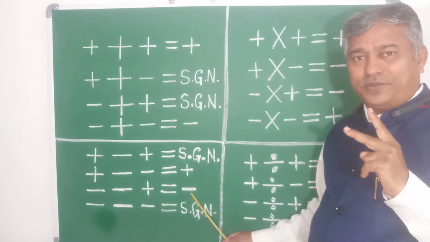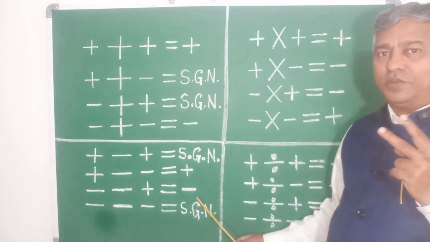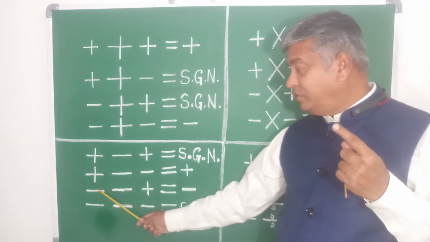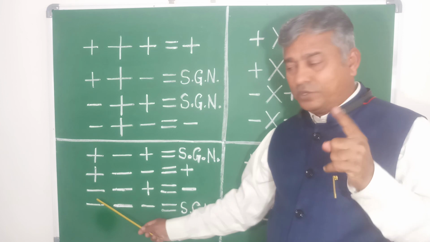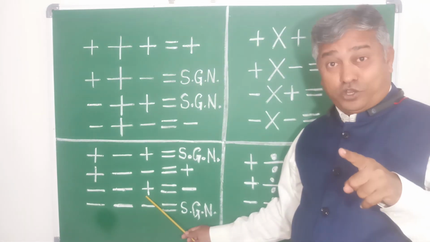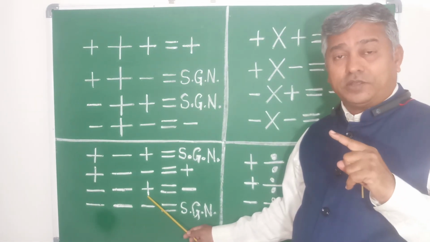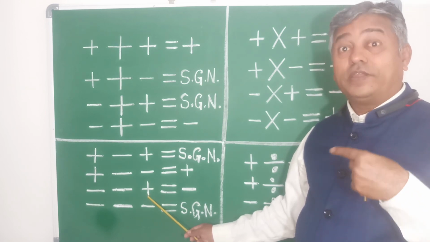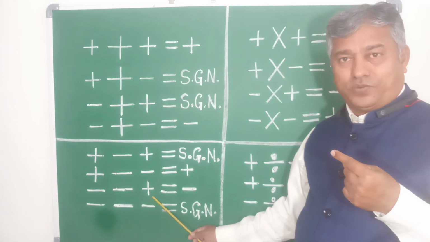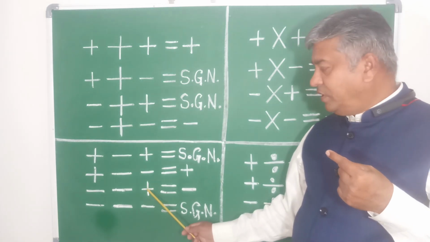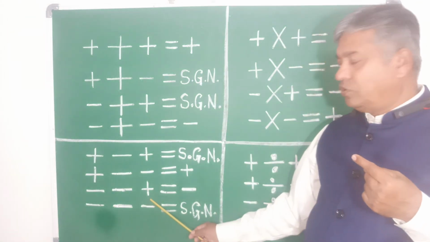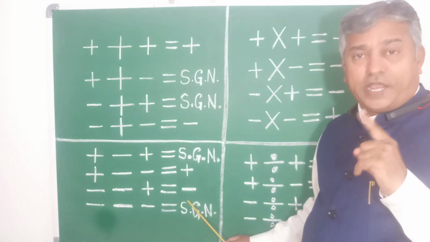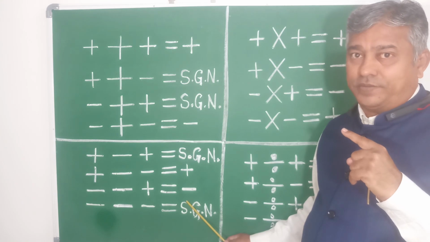Both should be added, because in the subtraction of two numbers the first is negative, the second is positive. The second sign, which is positive, in the process becomes negative. Then subtraction of such numbers should be added and the sign should be minus, meaning negative sign.